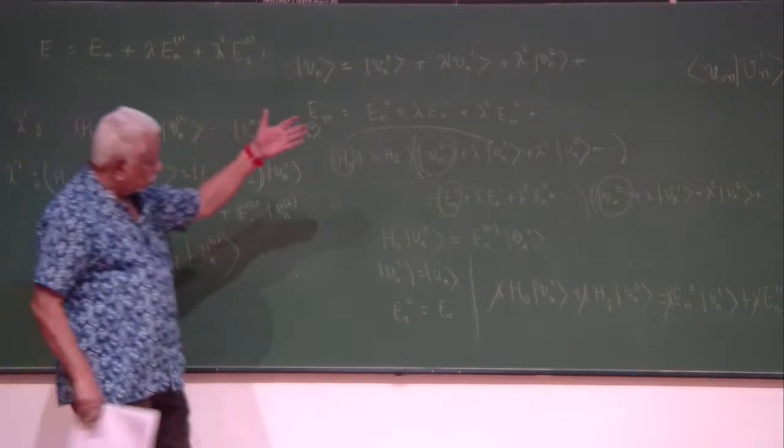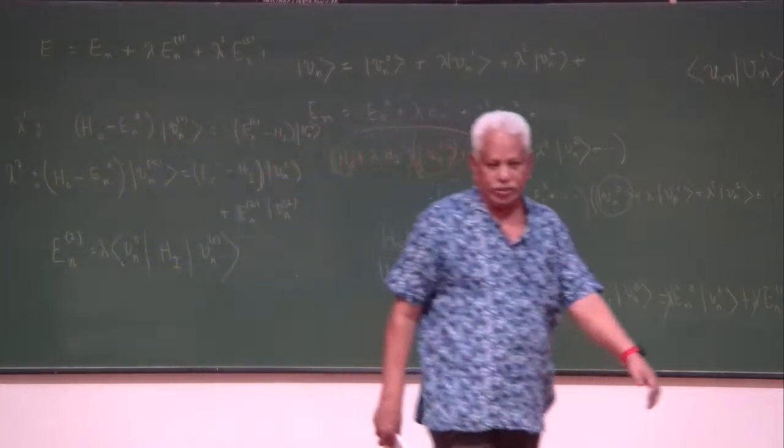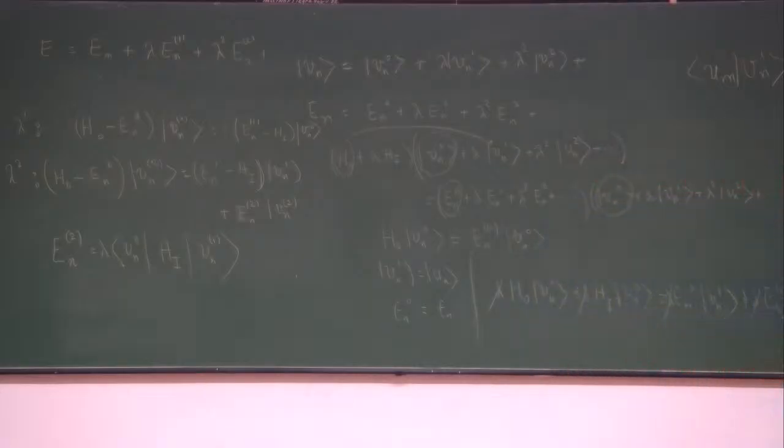From the zeroth order and first order calculation, if you find the first correction to En and the first correction to the eigenfunction, using those two you can find the next order correction En2, and also the next correction to the state.